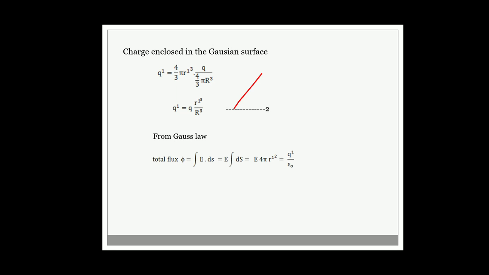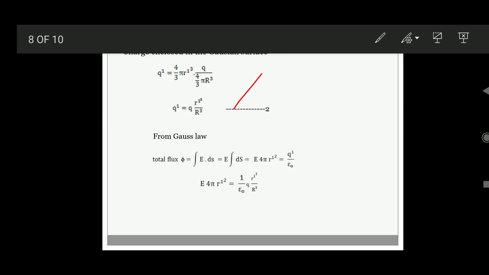But from Gauss law, we know the total flux phi is equal to integration E ds, that is E into 4 pi r dash square, is equal to q dash by epsilon naught. So E into 4 pi r dash square is equal to 1 by epsilon naught into Q r dash cube by R cube, according to the above equation.